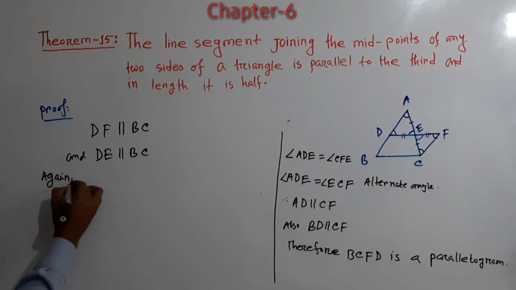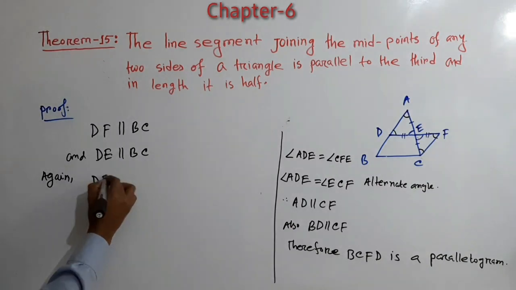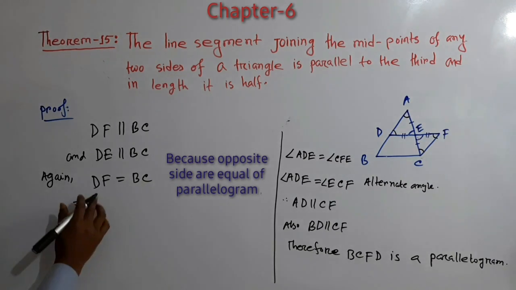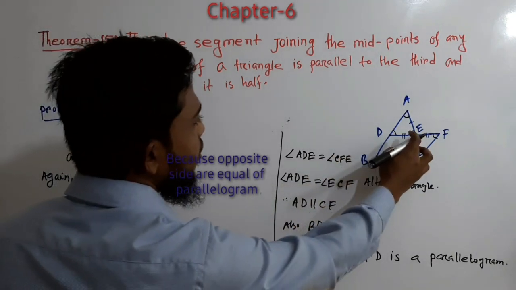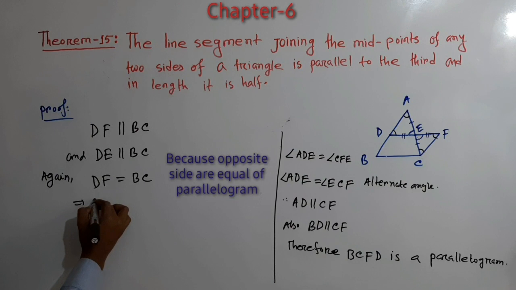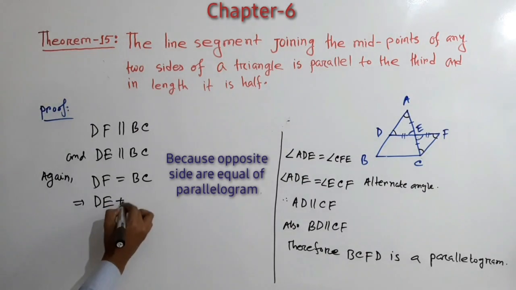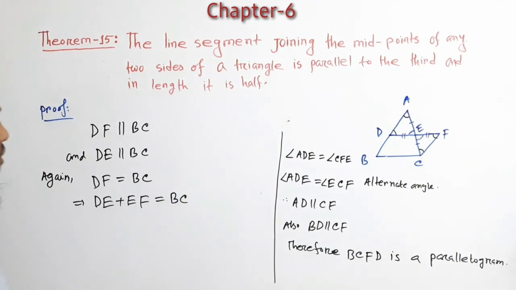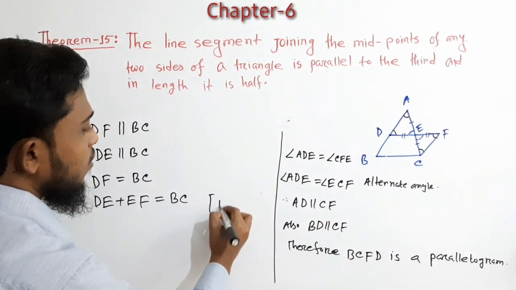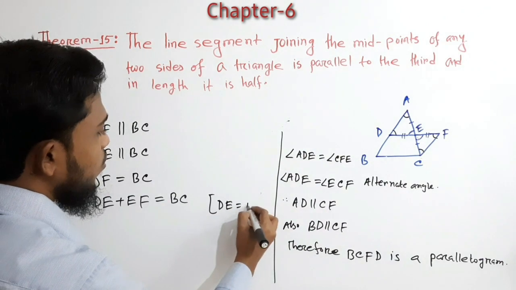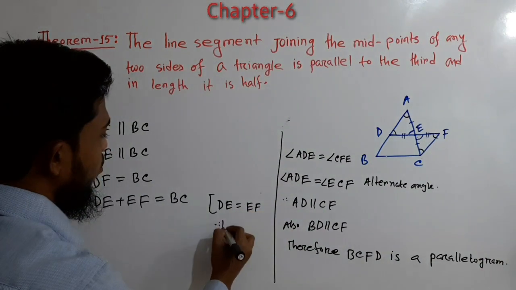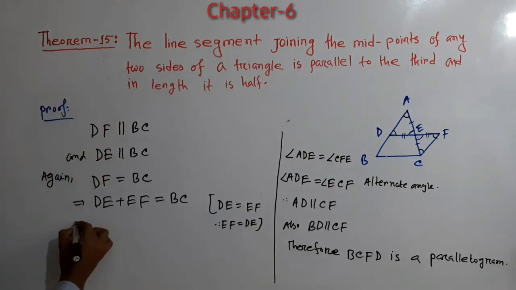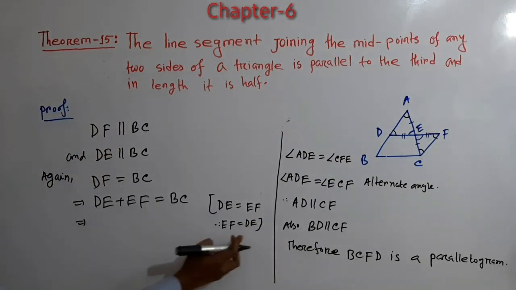And again we can write DF is equal to BC, and DF is equal to the sum of DE plus EF. So, we can write DE plus EF is equal to BC, where DE is equal to EF. So, replace EF by DE.